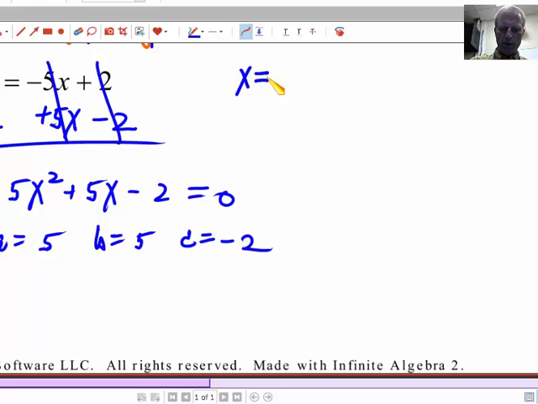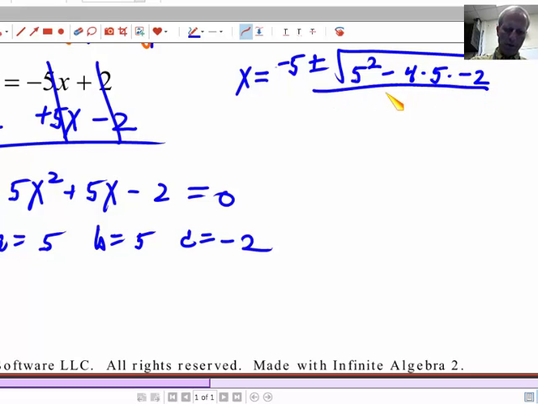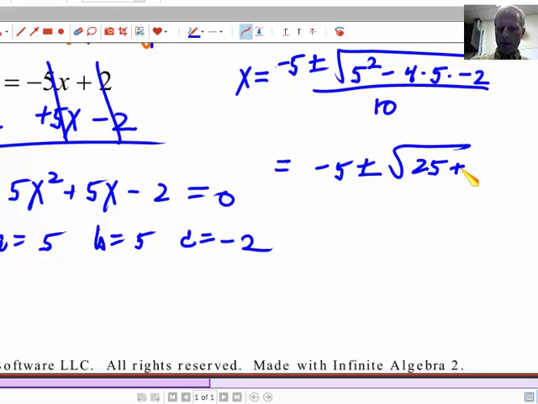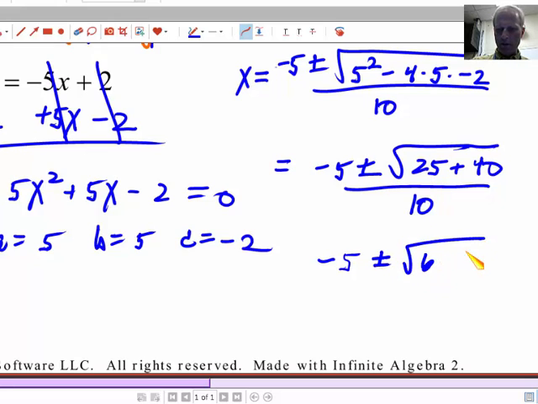So when I substitute those numbers into the formula, I get -5 plus or minus square root of 5 squared minus 4 times 5 times -2 all over 10. And that's -5 plus or minus square root of 25 plus what? 40 over 10.